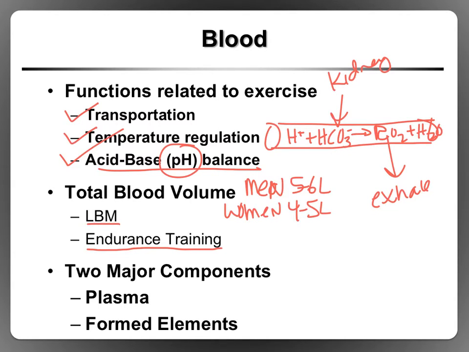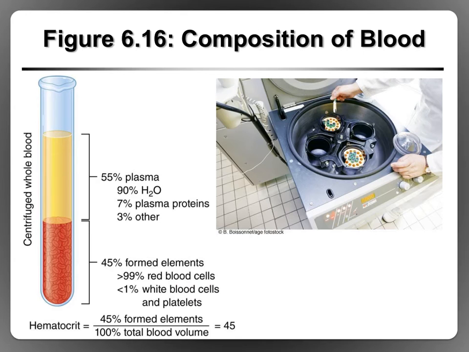If you put your blood into a centrifuge and we spin it, it separates into two major components, which are your plasma and your formed elements. Your plasma is mostly water, and your formed elements are mostly made up of red blood cells. So this is a centrifuge, and after you get your blood drawn, that's where your test tubes go.